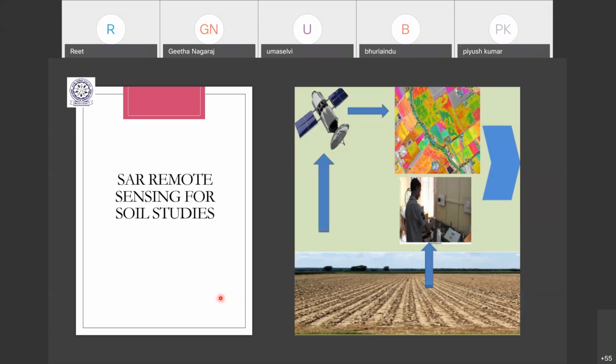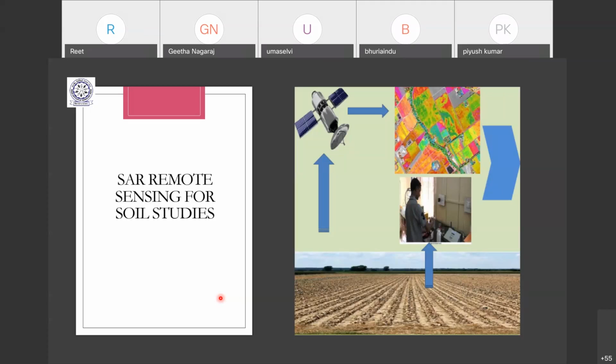It is a tedious process, and when we are analyzing the samples in the laboratory with sophisticated instrumentation, it is a costly process. So how many soil samples can we take? We can take very few. Even till now, we were not able to study the entire Indian soil types, soil health. The government is investing lots of money into that, but we are not able to study all these features.